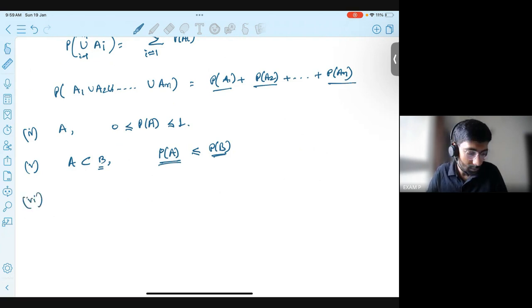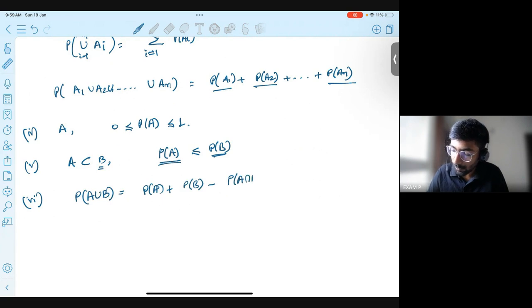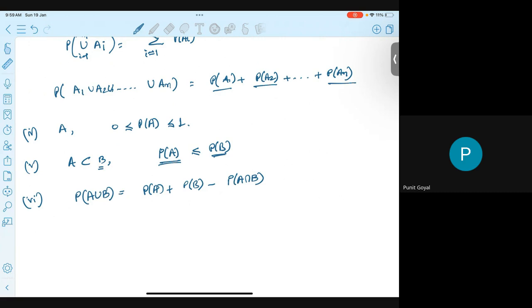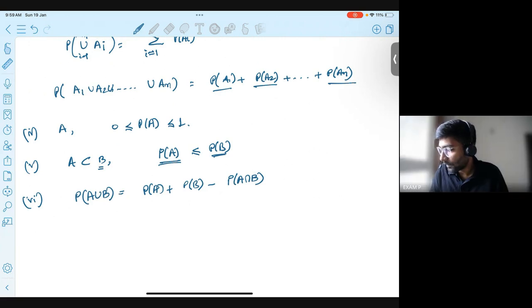Coming to 0.6, this is also familiar, I think, for you. Do you know that the probability of A union B can be calculated as the probability of A plus the probability of B minus the probability of A intersection B? Yes, if they are not mutually exclusive, if they are not disjoint.